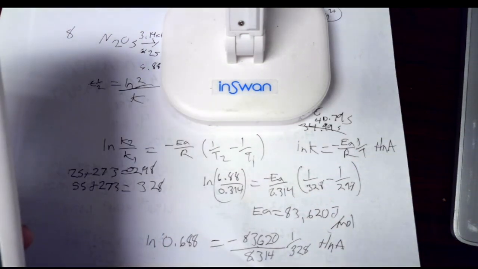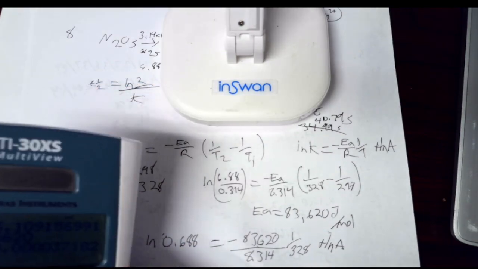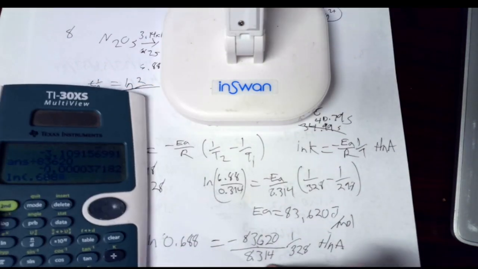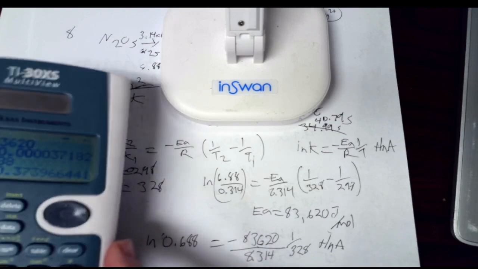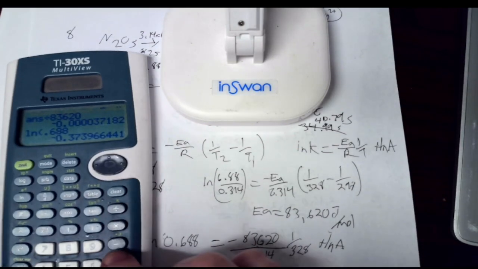Oh shoot, no, I did that wrong. So ln of 0.688, and I have to add that to the whole thing on the other side. I can't multiply because then that would be screwing up that part.